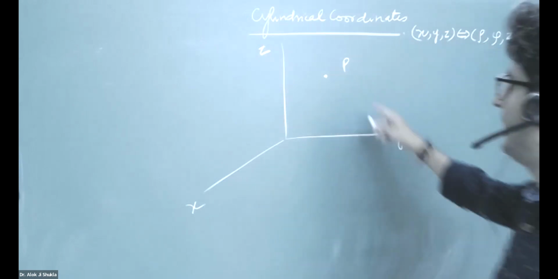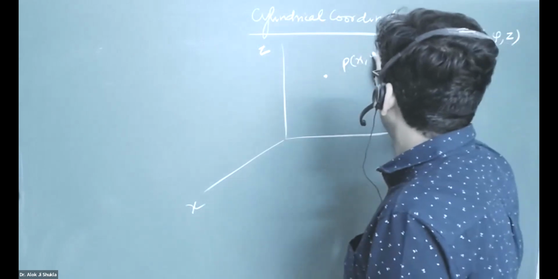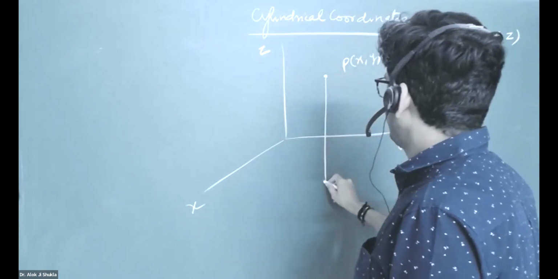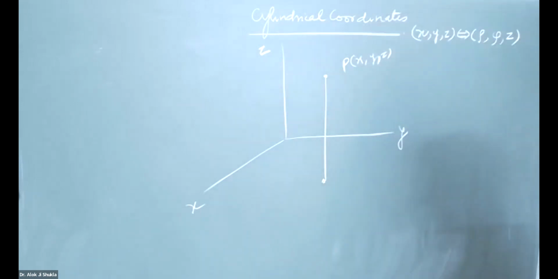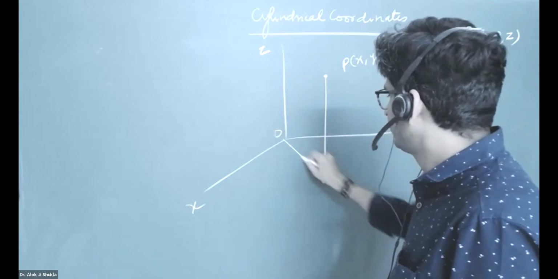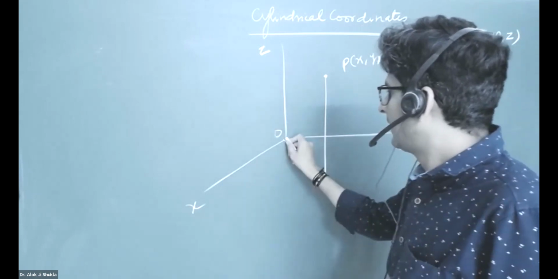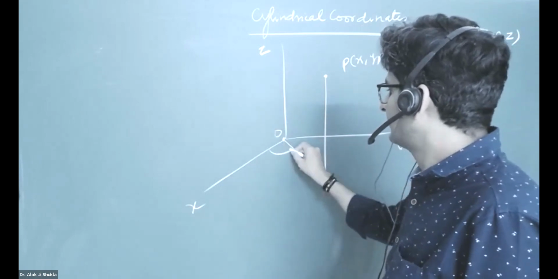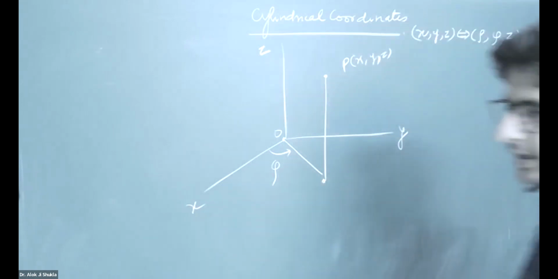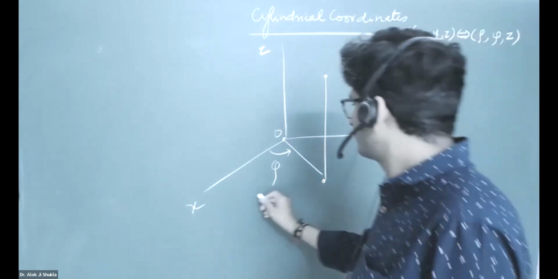So the same point P (x, y, z) will be written like this. Put a perpendicular here on the xy plane and connect it with the origin. The angle made with the x-axis anti-clockwise is phi, and that is called the azimuthal angle. What is it called?